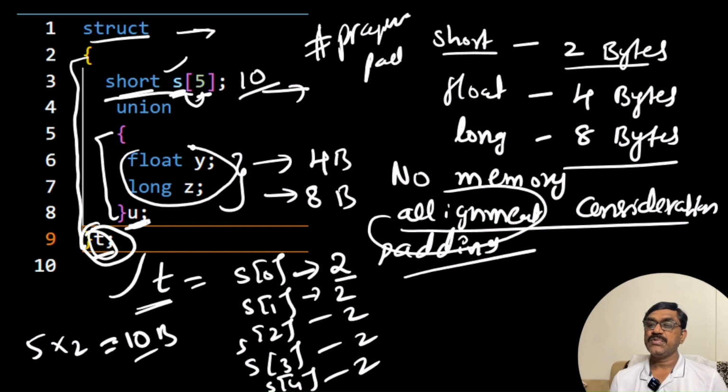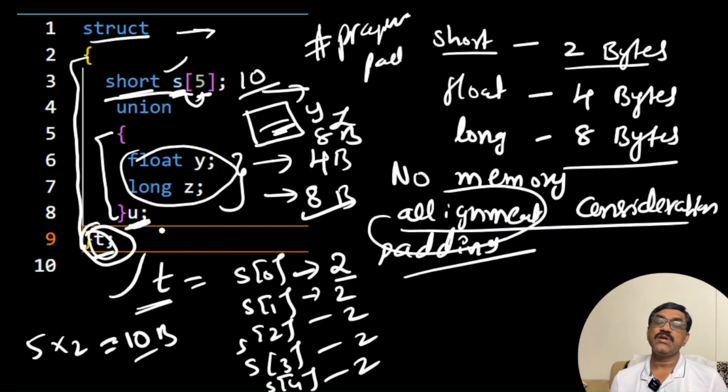Out of these two members, what happened? We are going to use only one memory location whose size is 8 bytes. That means we are not going to create separate memory locations for y and z. We are going to create only one memory location. This is shared by both y and z. The amount of memory for this is 8 bytes. So for the union variable u, the amount of memory allocated is 8.